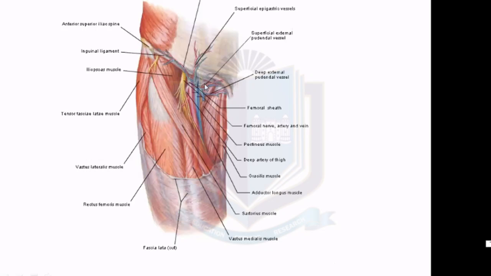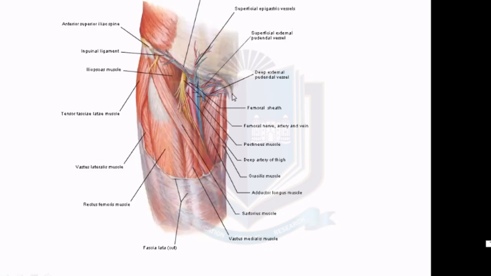And the deep external pudendal that would be again going to the genital organs. Superficial external pudendal supplies the skin over the external genitalia, whereas the deep external pudendal will supply the genital organs. Clear so far?